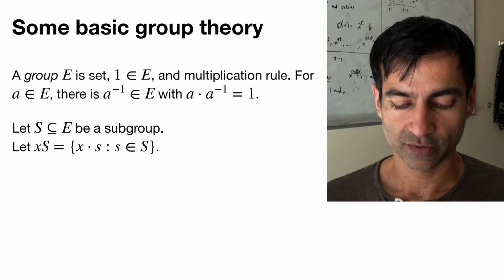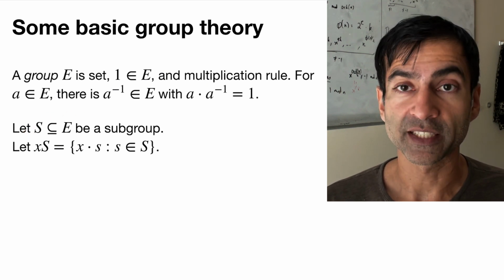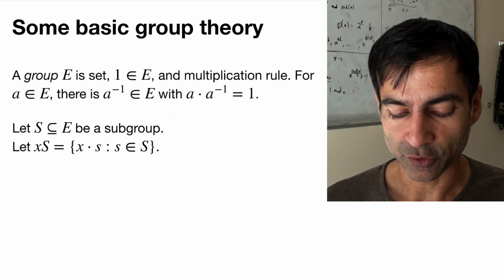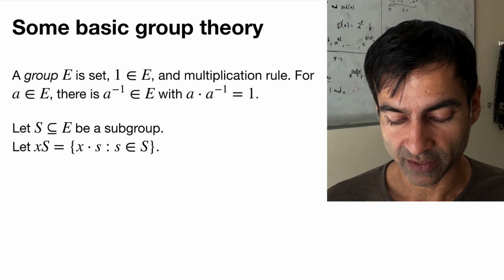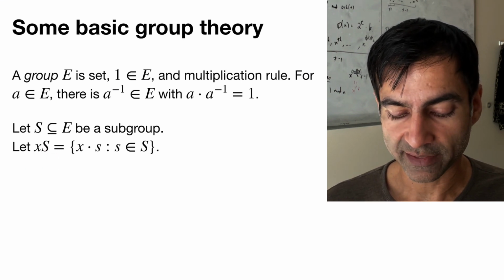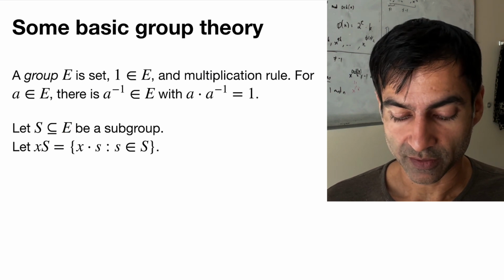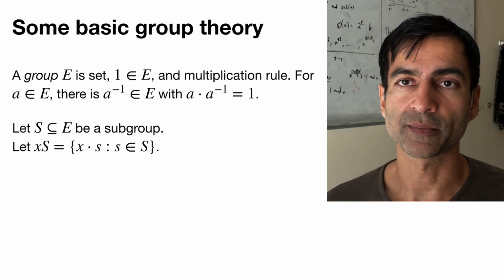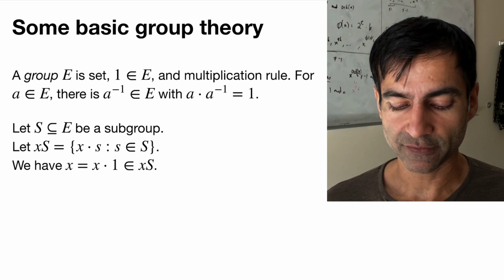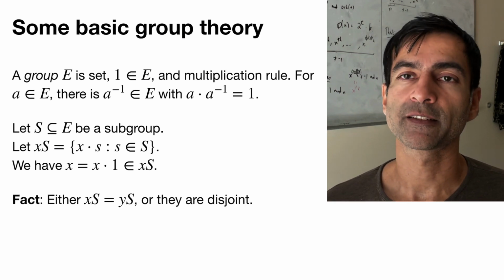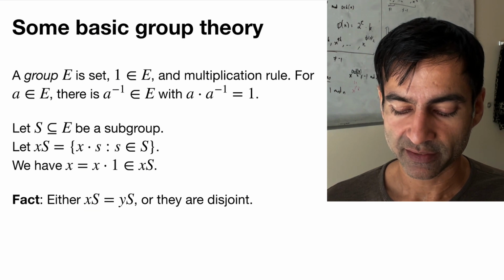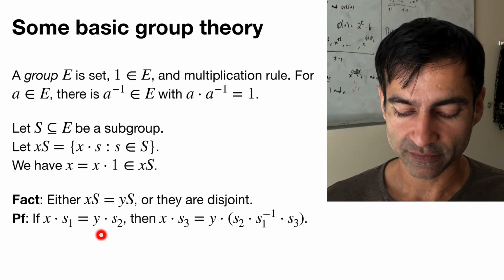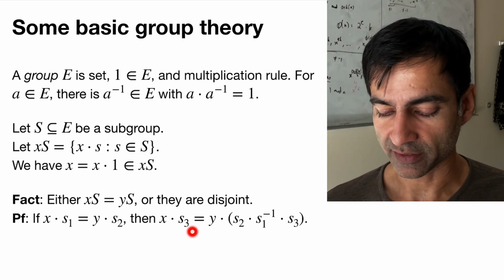And when you're given a group, the group may have subgroups, namely a subset that is also a group. And if the group has a subgroup, then you can talk about the cosets of that subgroup. These are the sets xS, where x is an element of the group E, which is made up of all the products of the type x times s, where s comes from S. And a basic fact is that the cosets of S are either equal or disjoint. And that's because if two cosets intersect, then you can actually show that one is contained in the other.